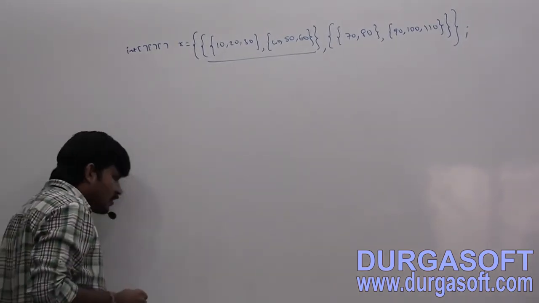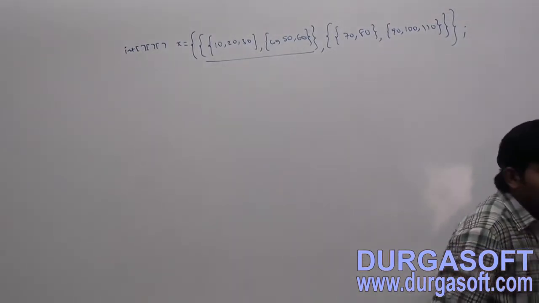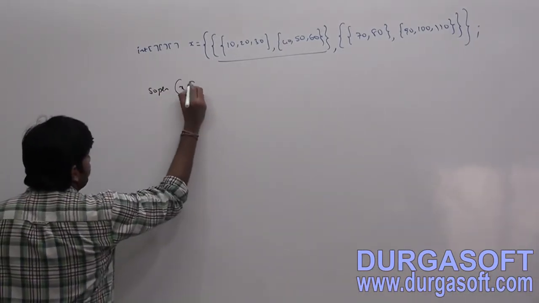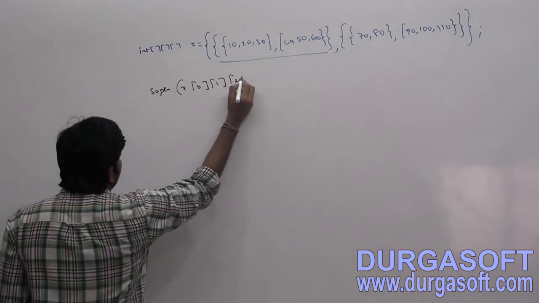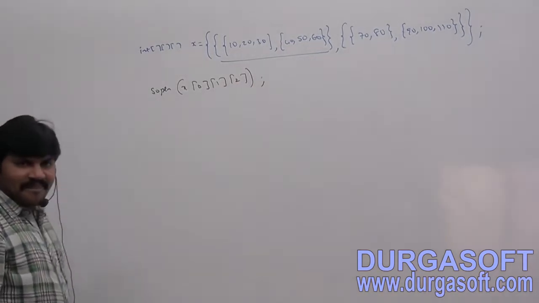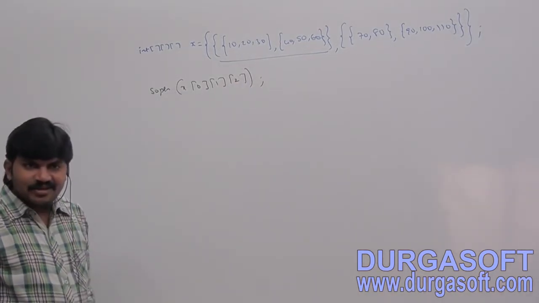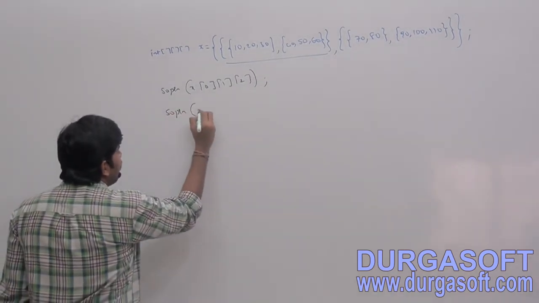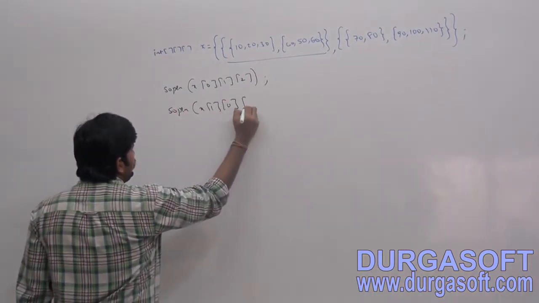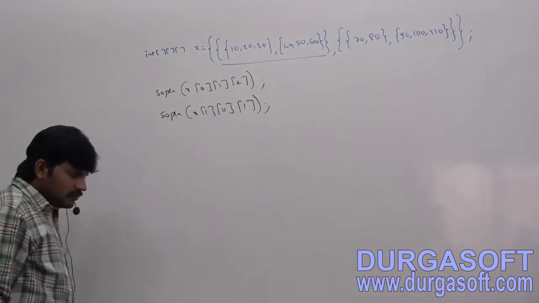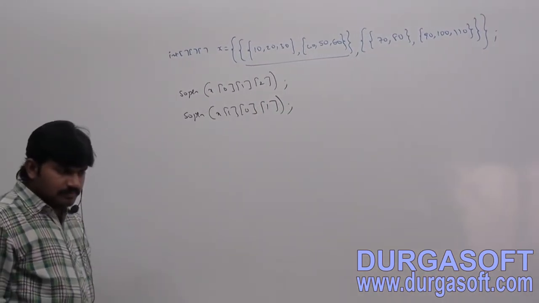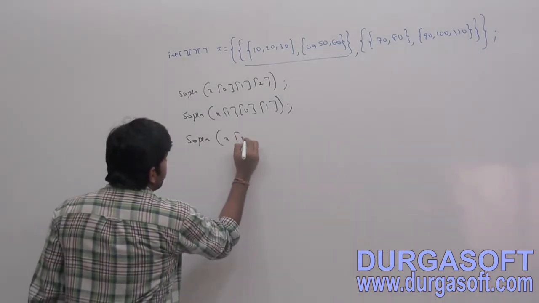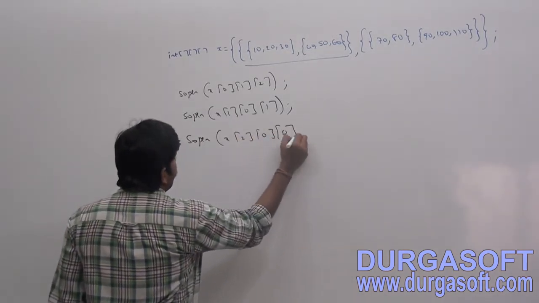Can you tell what is the value of SOP of x of 0, 1, 2? What is the answer? Leave it. SOP of x of 1, 0, 1. What is the answer? Leave it. SOP of x of 2, 0, 0. What is the answer?